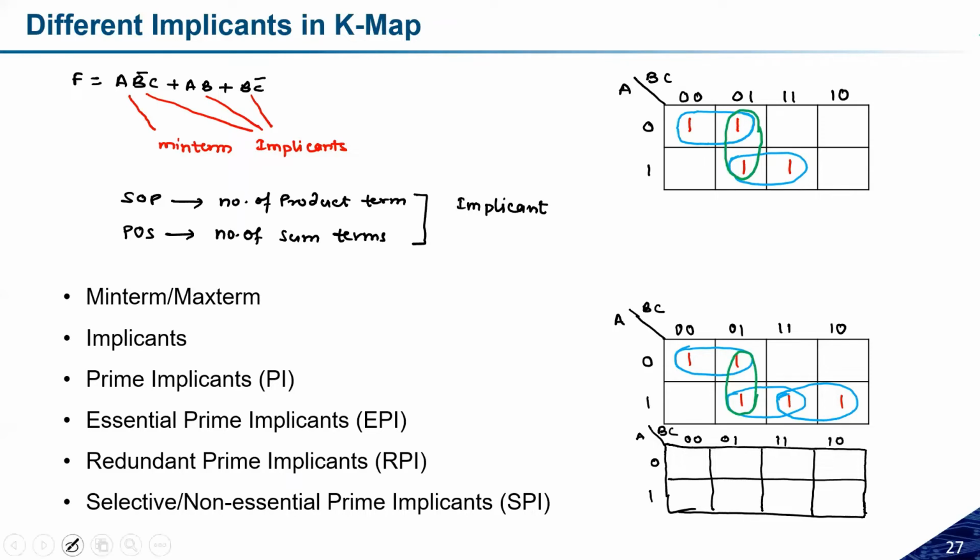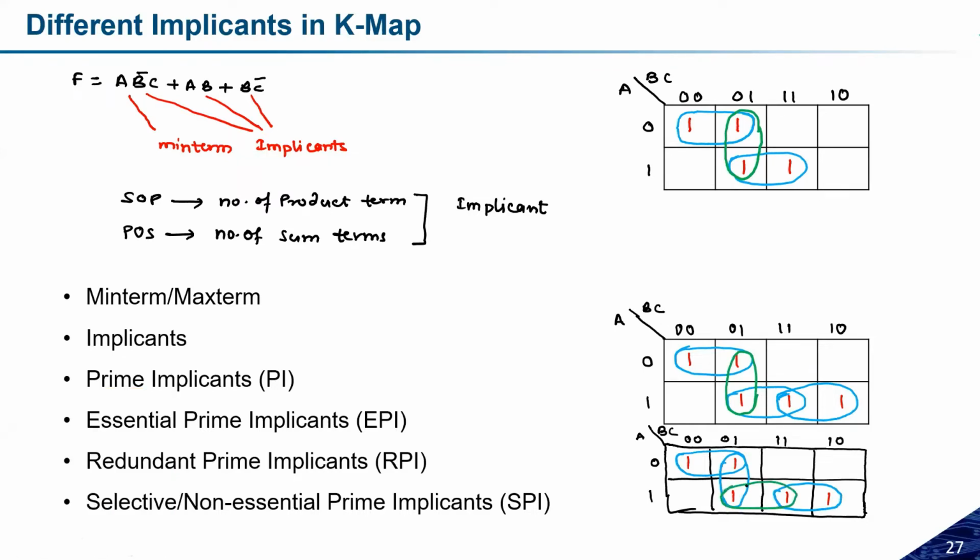Now let us write the same thing, 1 1 1 1 and 1. Now if I try to make the pairs, one pair that I can make over here, the second pair over here, the third pair over here, and the fourth pair, if you see here, I can make over here as well.